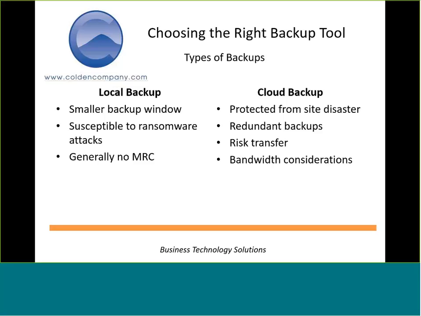Now, obviously, the risk with a local backup is if you have a site disaster, your backup is on site. It's going to go away with your data. So you're losing your data and the backup as well. You're susceptible to ransomware attacks. Those of you that attended our last session know this already.